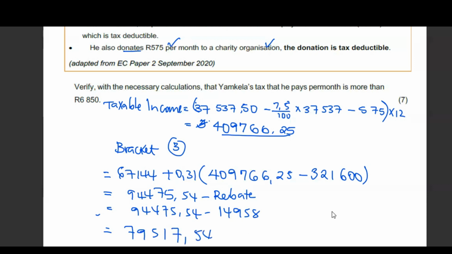Now this talked of per month, so we divide by 12. So we say it's what? They say pays more than, no. The statement is invalid. It pays less.